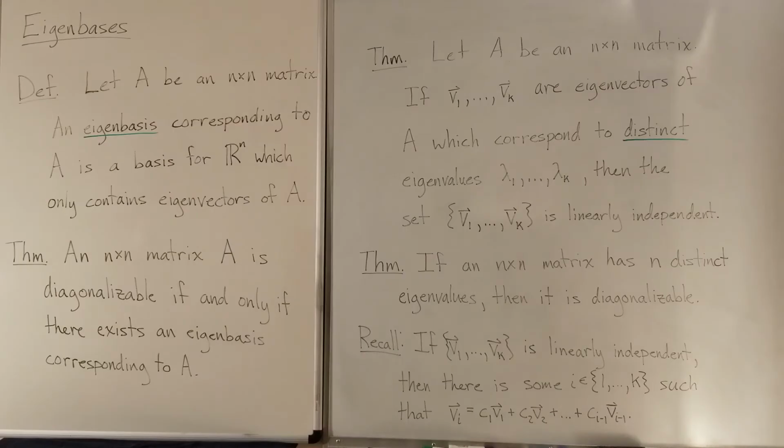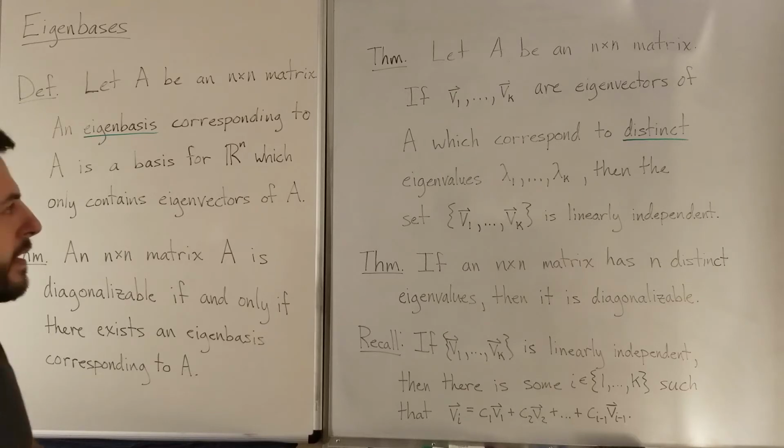In a previous video, we saw an example of a shear matrix which did not have an eigenbasis corresponding to it. And in that case, we said that that matrix was not diagonalizable. Recall that the eigenvalues for that matrix were 1 with multiplicity 2.